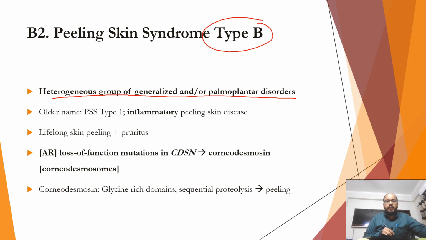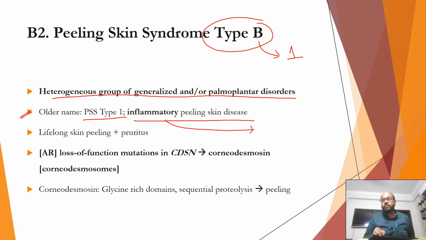Clear? The older name is peeling skin syndrome type 1. So type B was initially called type 1. Remember, not to confuse between B and 2. Type B was type 1. It was also known as inflammatory peeling skin disease, and by inflammatory we mean to say that there is background erythema.